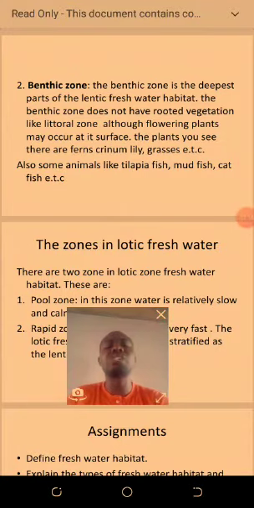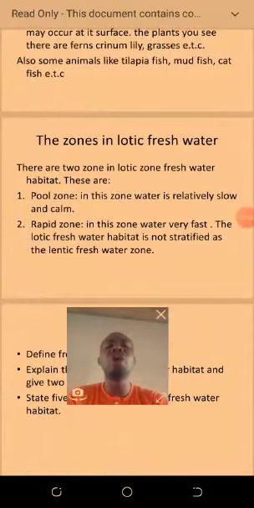Now let's look at the zones in lotic freshwater. Here we have two zones. The first is the pool zone, where the water is relatively slow and calm.